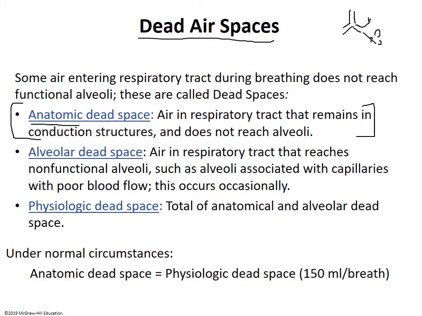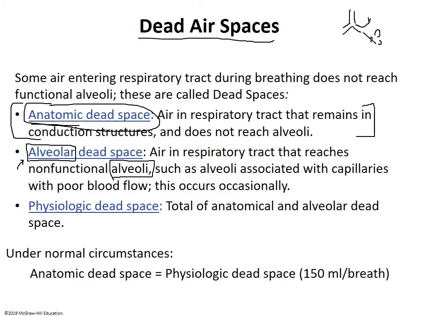Now, if we have some sort of problem with our lungs where some alveoli are not working, that is called alveolar dead space. So this is going to be abnormal. This is going to happen from a disease process. The anatomic dead space is normal. The alveolar is not normal.